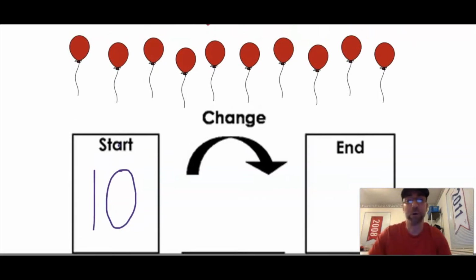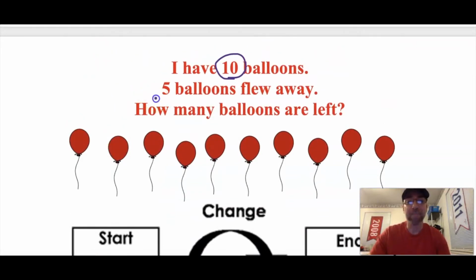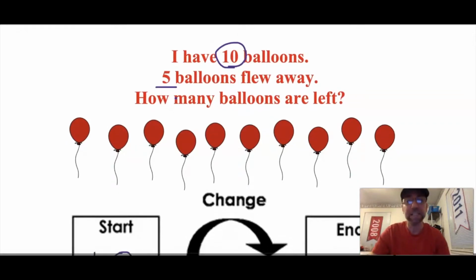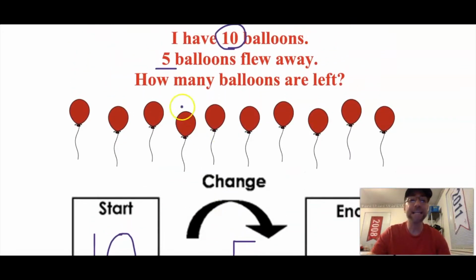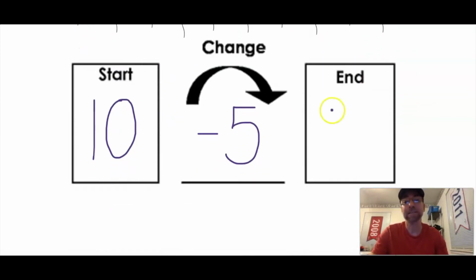Now we have to continue our story. 5 balloons flew away. Well, I'm getting less. Some of them are leaving. So this is going to be 5 less. And that's written with a minus 5. Subtract 5. 5 less. And then our end is asking us how many balloons are left. We don't know yet. So in our end box, we're going to put that question mark.